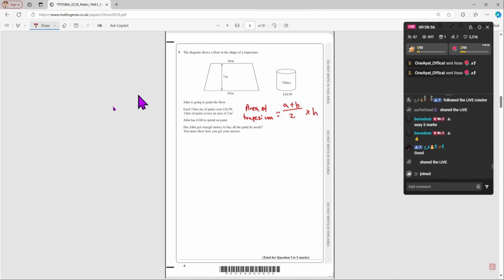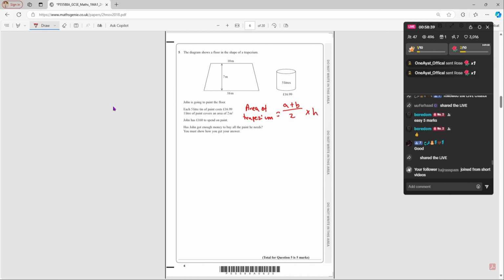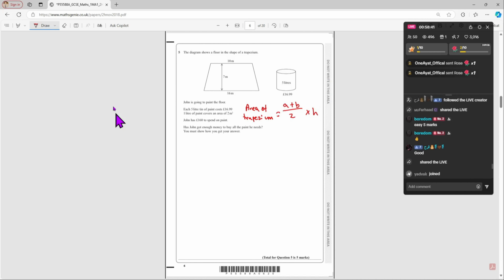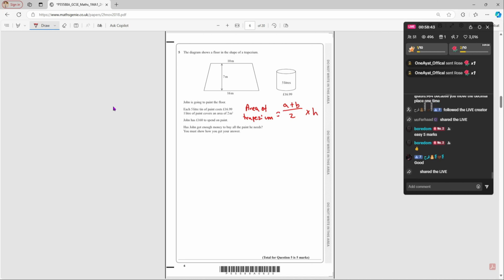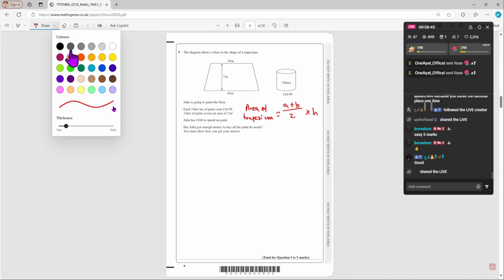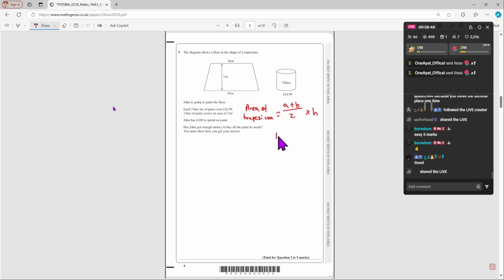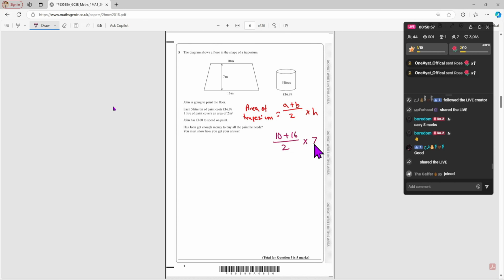Now we substitute the values in to work out the area. It is going to be 10 plus 16, divided by 2, times the height, which is 7, which is then equal to 91 meters squared. Okay, that is our area of the trapezium.